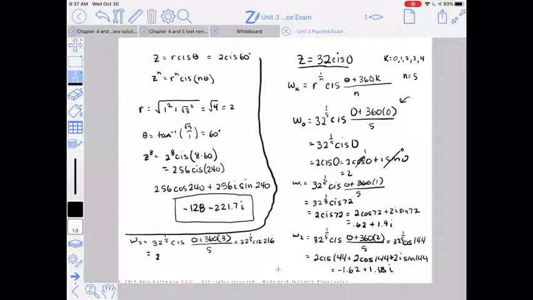So this turns out to be 2 cis 216, which is 2 cosine 216 plus 2i sine 216.